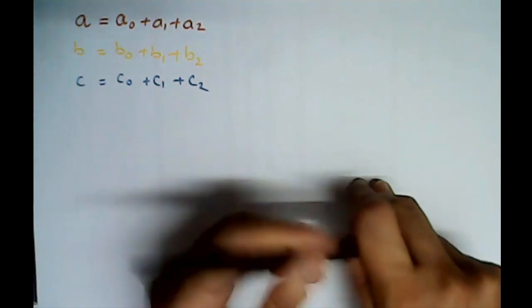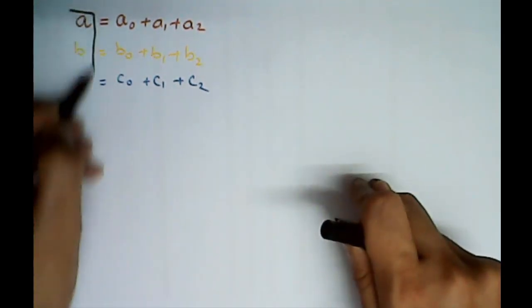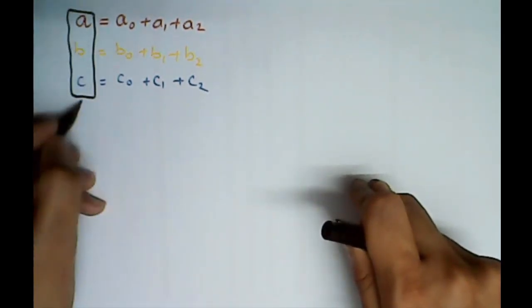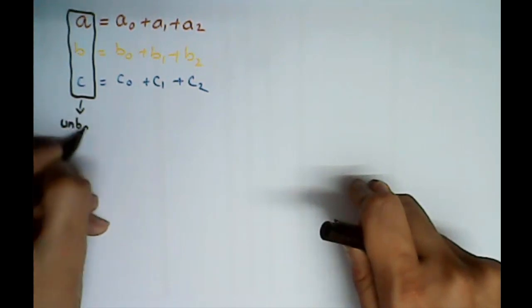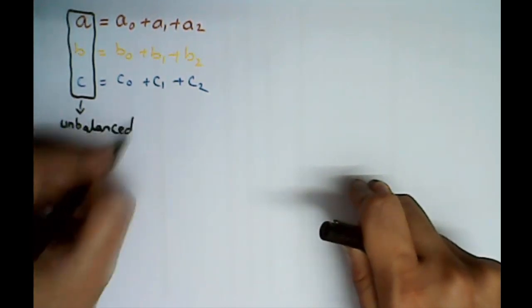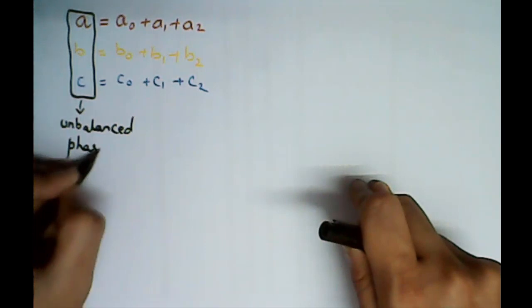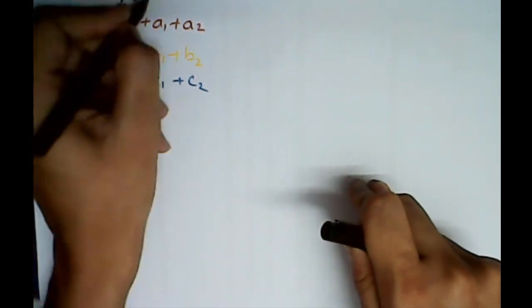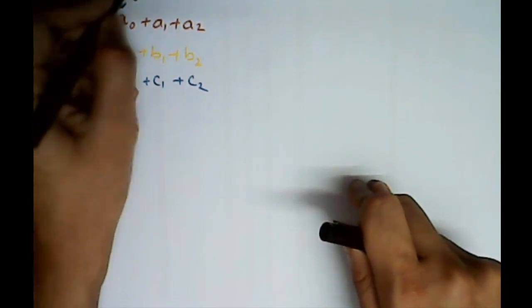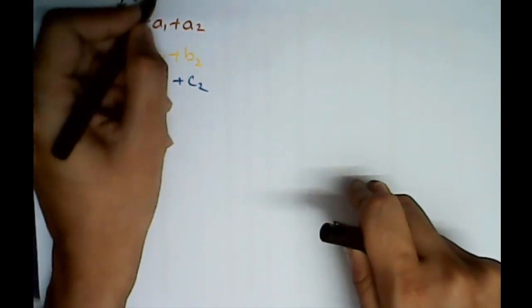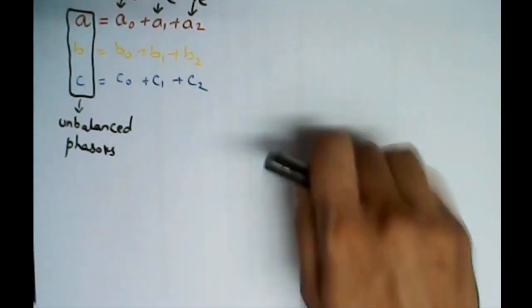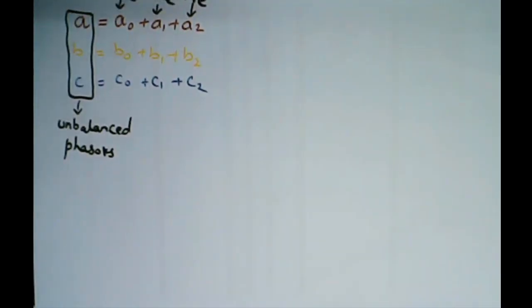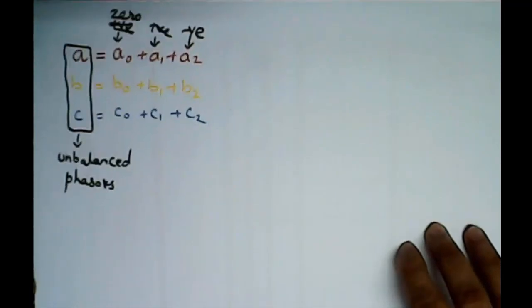Right? These are basically unbalanced phasors. These are positive sequence components. These are zero sequence components. These are positive sequence components, and these are negative sequence components. Right? So I hope it is clear.